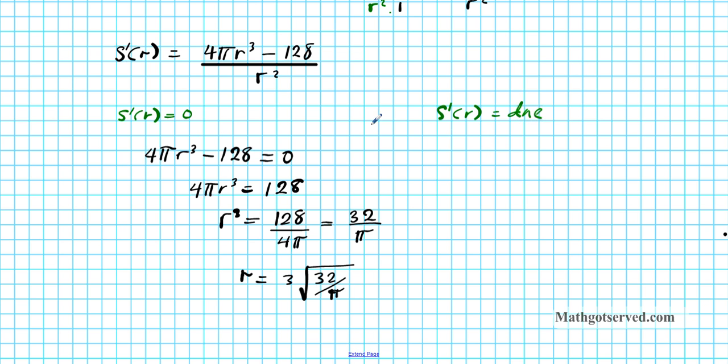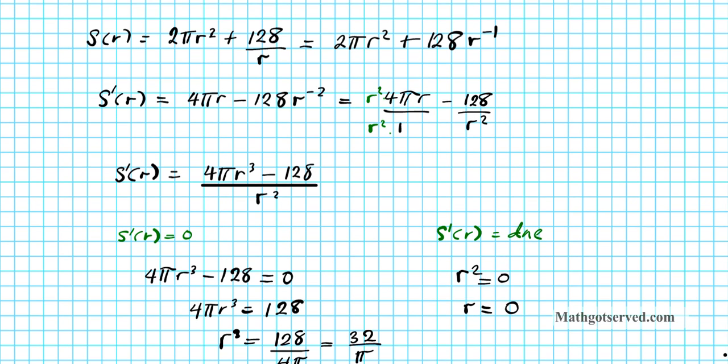Critical points that involve the non-existence of the derivative, we have to set the denominator to 0 because that's what makes the derivative undefined. And we know that wherever the derivative is undefined, we have a critical point there. So we're going to set r squared equal to 0. That's the denominator. Take the square root of both sides. We'll have r is equal to 0. So should we consider this in our problem?